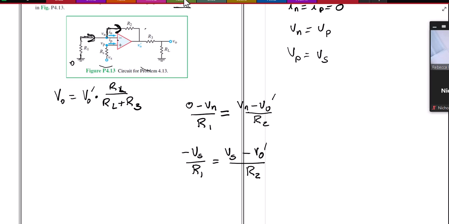Now, if I look at, oh, I had V out right here, yeah. Okay, so I know V out prime equals RL plus R3 over RL times V out. So I'm just solving for V out prime right here.